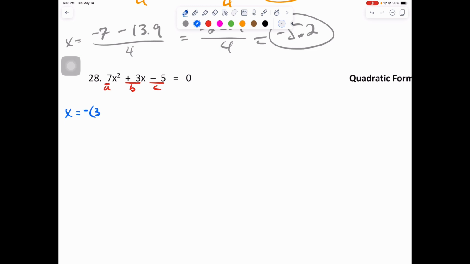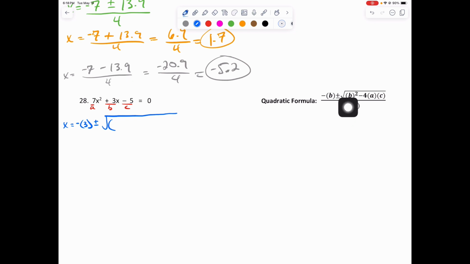We'll put in our B value of 3, open up our plus minus, open up our radical, insert again. We're just following the formula, your B value, which is 3. Close it, square it. The formula tells us to. Minus 4 times 7 times C of negative 5. What are we putting that over? 2 times our A value of 7.